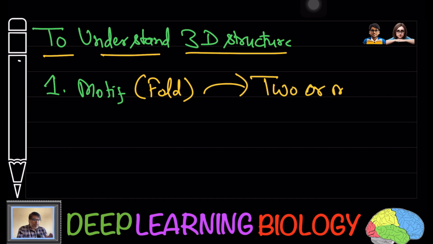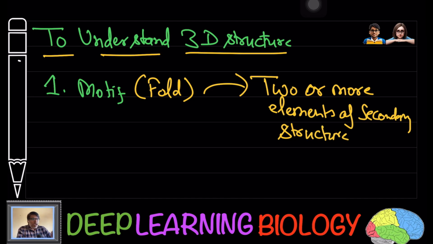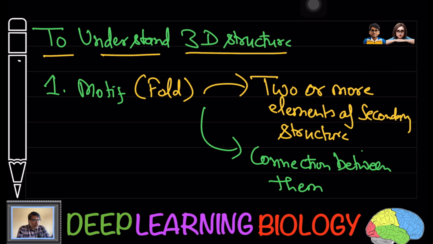In a motif, you are going to have two or more elements of secondary structure plus the connection between them.